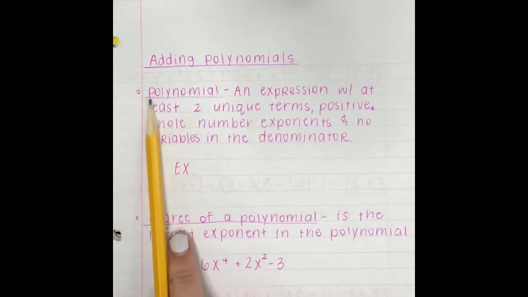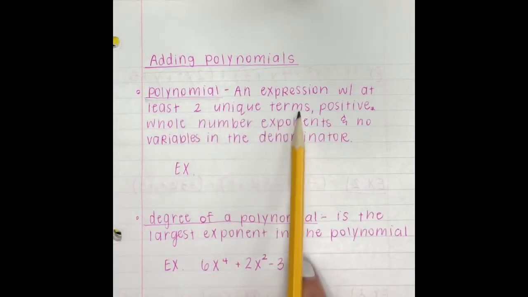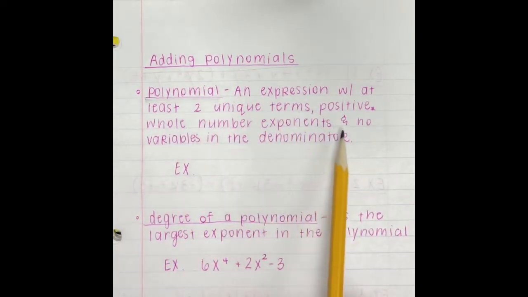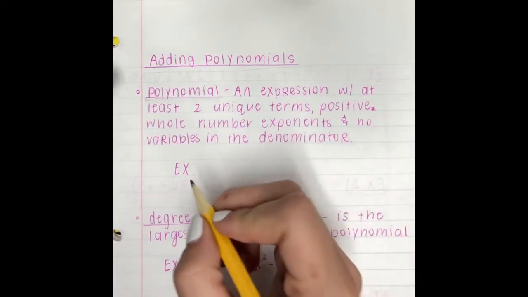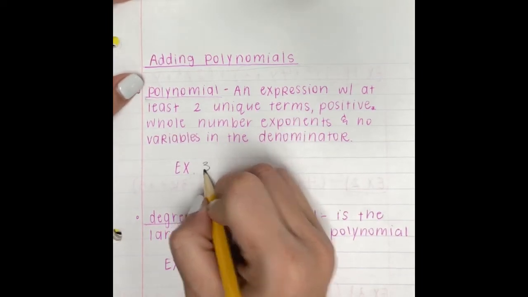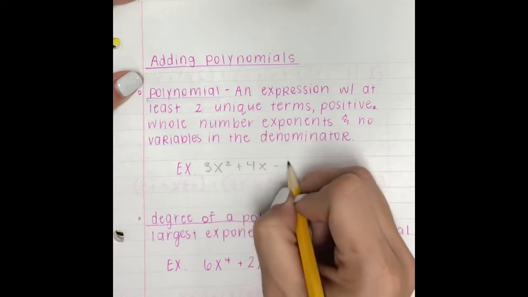Let's review. A polynomial is an expression with at least 2 unique terms, positive whole number exponents, and no variables in the denominator. Let's look at an example: 3x squared plus 4x minus 5.